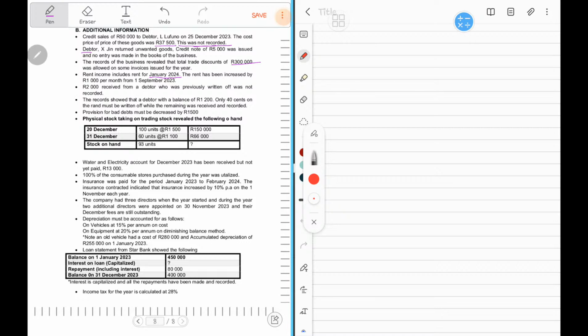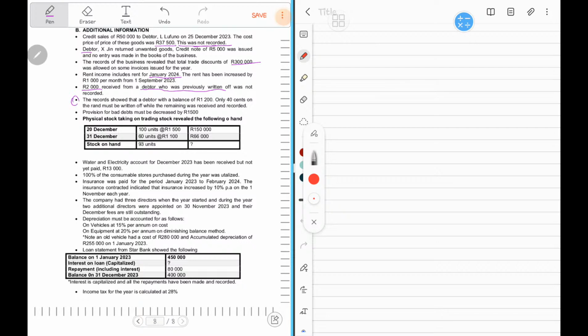Then we are being told that 2,000 received from a debtor who was previously written off was not recorded. So it means that we received 2,000 from someone whom we wrote off in the past. So now it means that since we are receiving cash, it is going to be treated as bad debts recovered. Then there's another bullet.